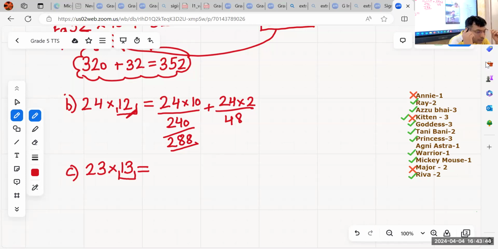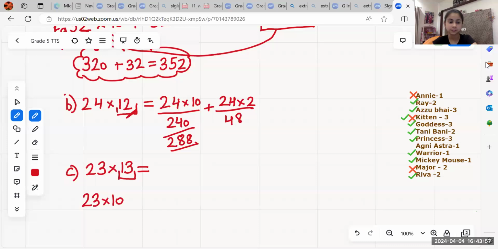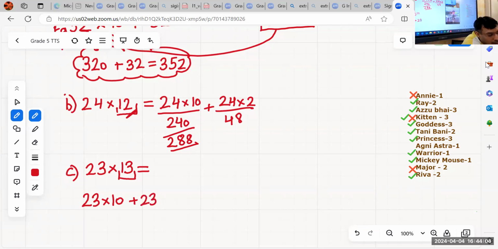Annie, you will break it into what? 10 and 3, beta. So in your mind, what is 23 into 10, Major? 230. Then what is 23 into 3?